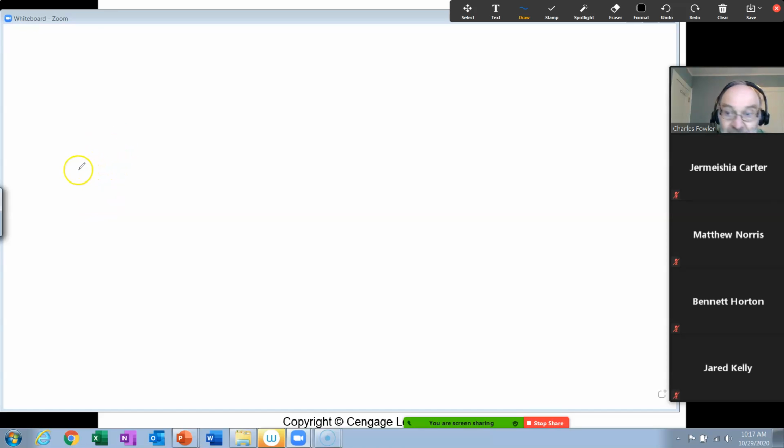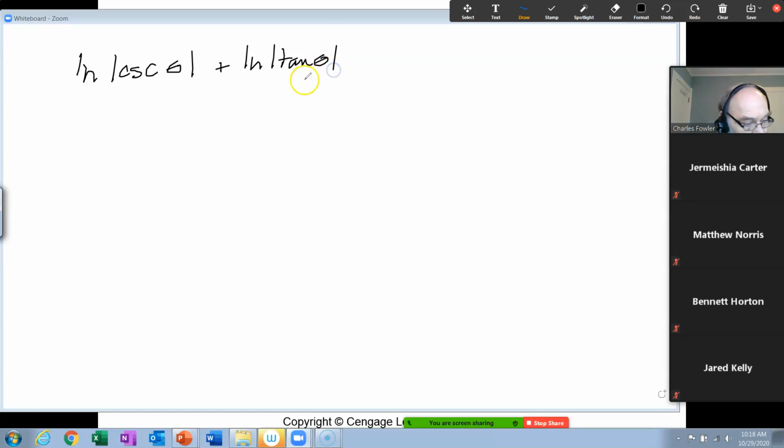Here's an expression, the natural log of the absolute value of cosecant theta plus the natural log of absolute value tangent theta. Okay, it says to rewrite that as a single logarithm and simplify the results.